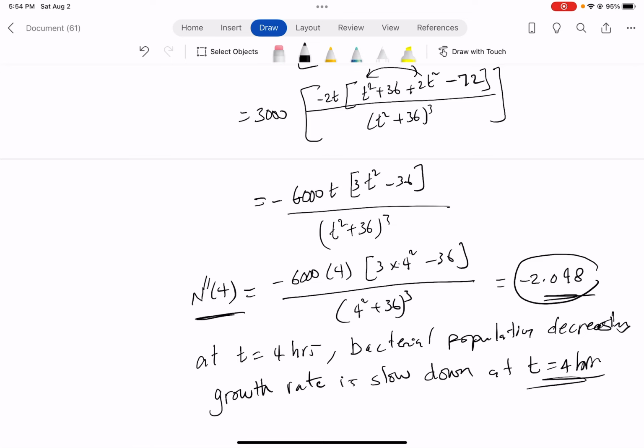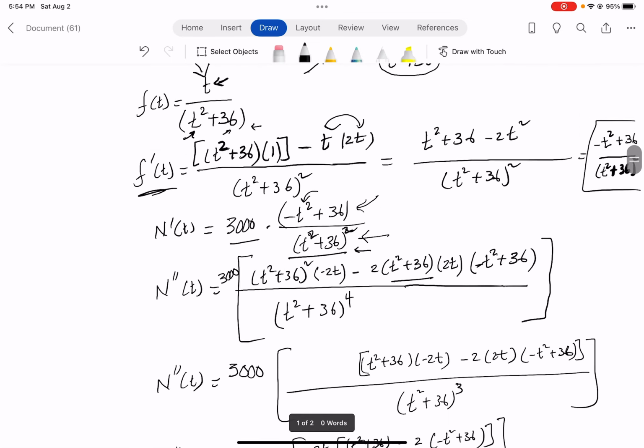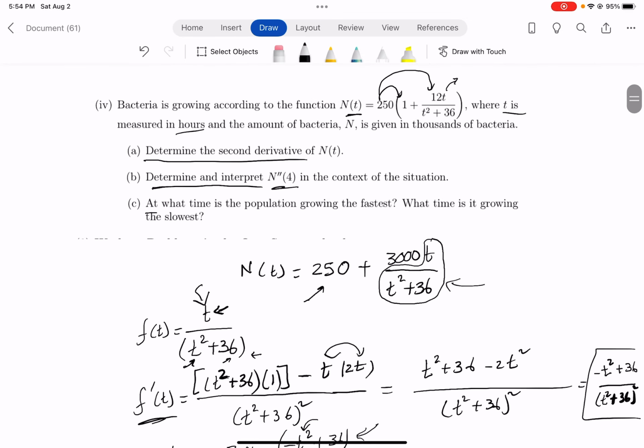Okay. So now the point is, for the last one, at what time is the population growing the fastest? At what time is the growth the slowest? Of course, there are two things that you might get out of this.